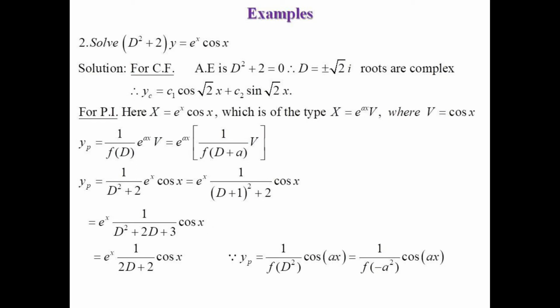Then D square is equal to minus 4, then the value of D is plus minus 2i. If we observe these roots, they are complex. So according to the complex root formula for the complementary function, we get the complementary function as c1 cos 2x plus c2 sin 2x. So this is the simple way of finding the value of the complementary function.